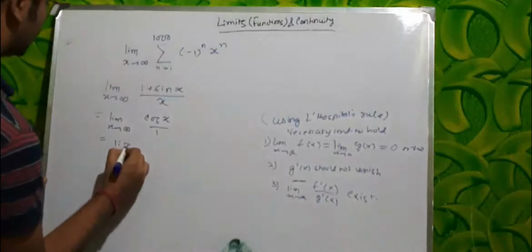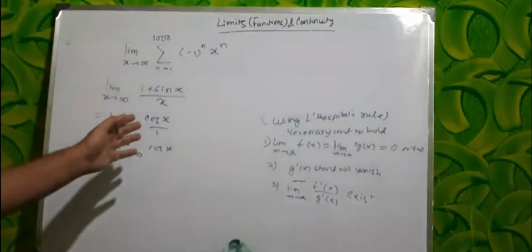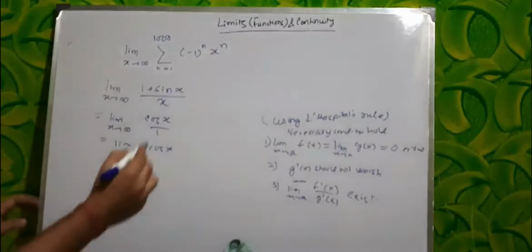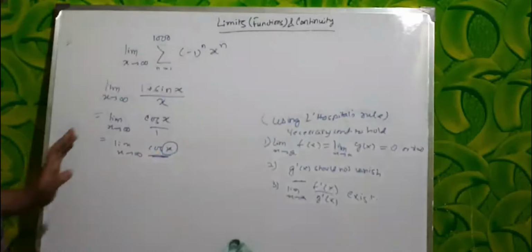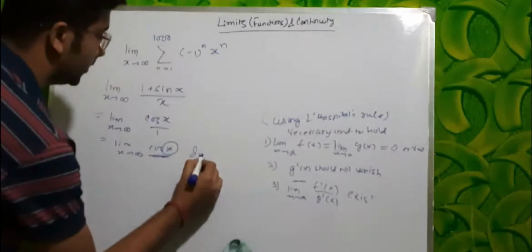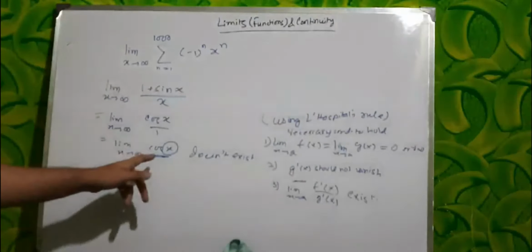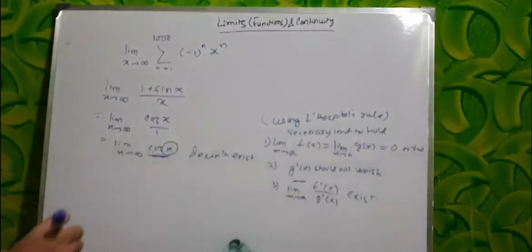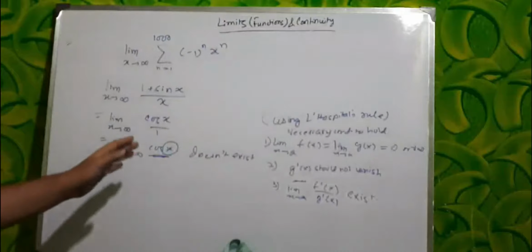Now we know that limit x tends to infinity, cos x has no proper value; cos x doesn't exist actually. So this doesn't exist, since cos x is an oscillating function, so it always oscillates.